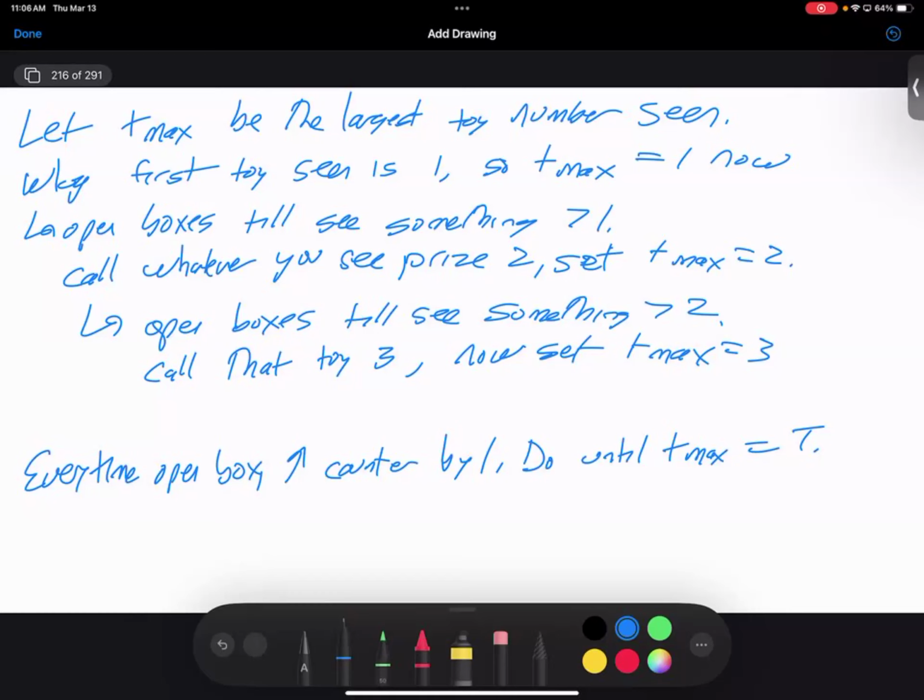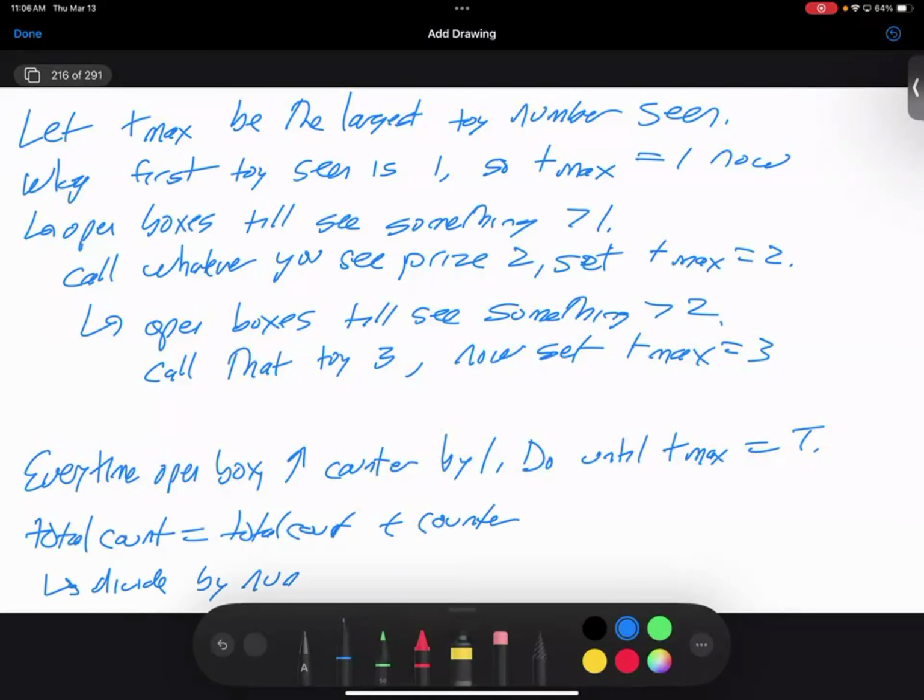And then we can store the result. And then if we wanted to find the average of doing this many times, you would just have maybe total count equals total count plus counter, and then divide by the number of iterations to get the average.